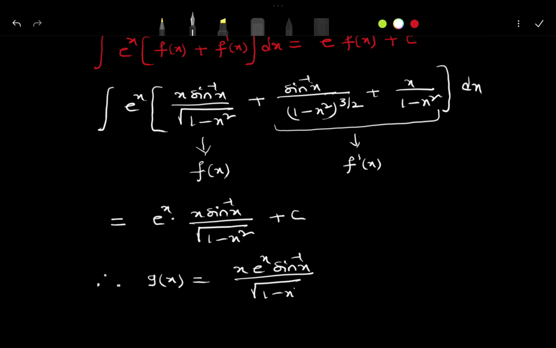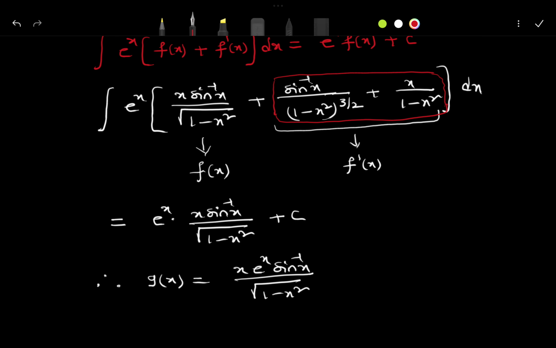If anyone has a doubt about whether the second term is f dash of x or not, you can separately differentiate the first term, x into sine inverse x by root of 1 minus x square. This derivative will be equal to the second part, so directly you can write this value.